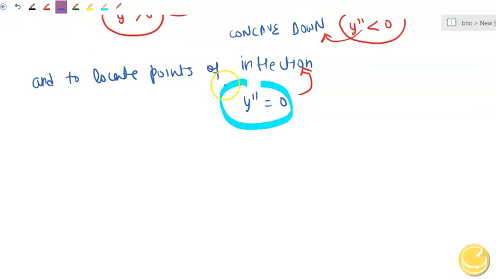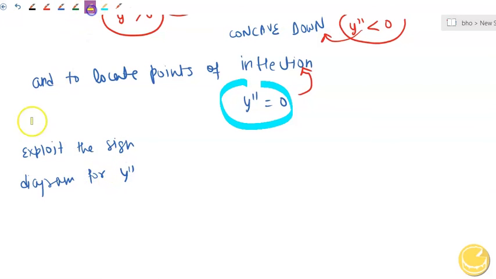Basically, a point of inflection is the point where the concavity of a function changes, and hence we exploit the sign diagram for y double dash in search of these points.